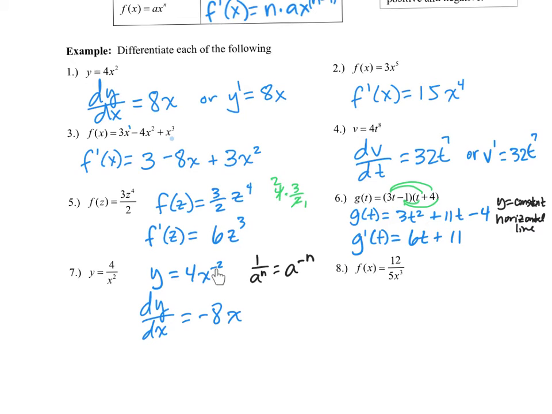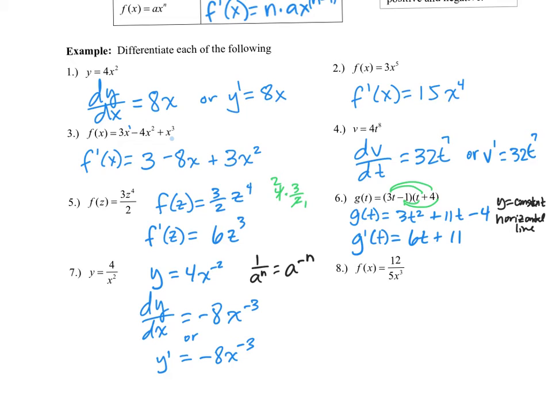If I take negative 2 and I subtract 1 more, that's going to take me to negative 3. So be real careful when those exponents are negative. When you go to subtract 1, be careful with your arithmetic. Negative 2 minus 1 more would be negative 3. Another way we could write this, if you prefer, you could write y prime equals negative 8x to the negative third.